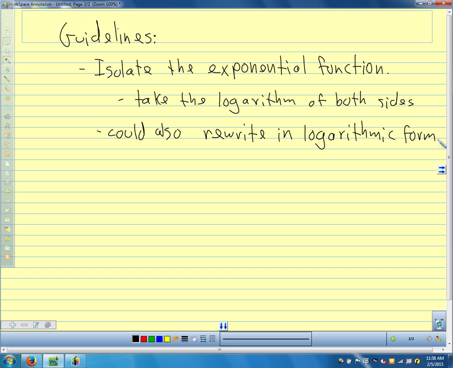And then sometimes you can use the change of base formula, depending on how the equation works out. So these are our guidelines for solving these equations. So I just want to go through a few examples, and then we'll have plenty of time to practice and ask questions afterwards. So are we good with the guidelines?